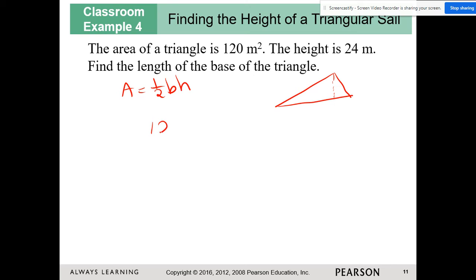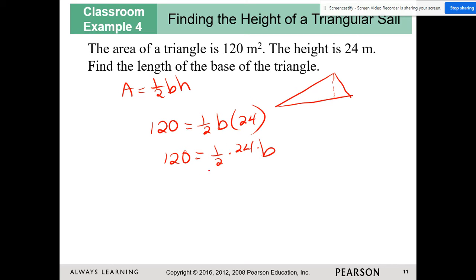So we know we have an area of 120. We don't know what the base is, but they did tell us the height. Okay. So to make our life easier, we're going to switch the order here. So we got 120 is equal to 1/2 times 24 times b.